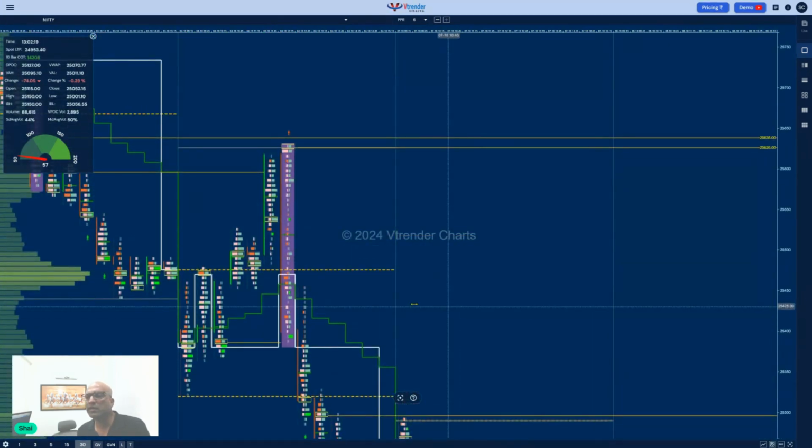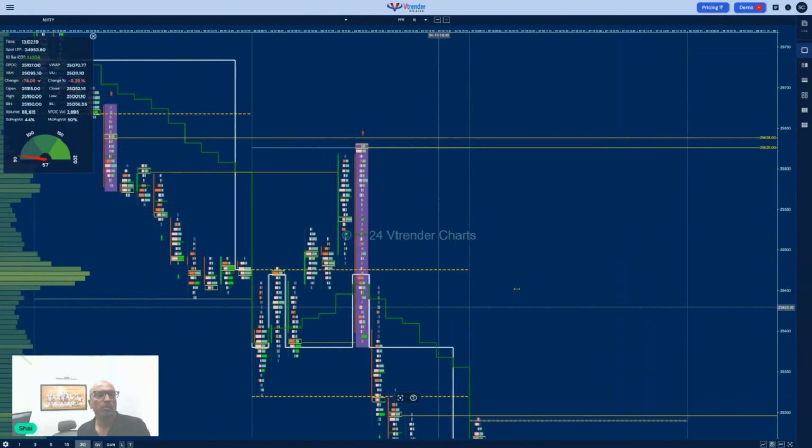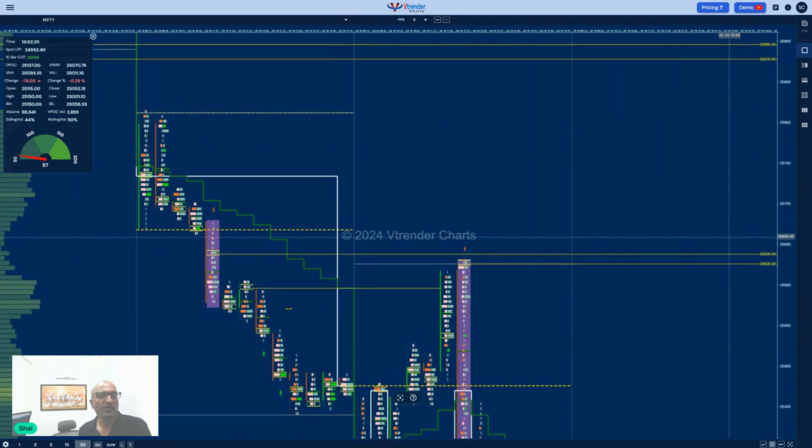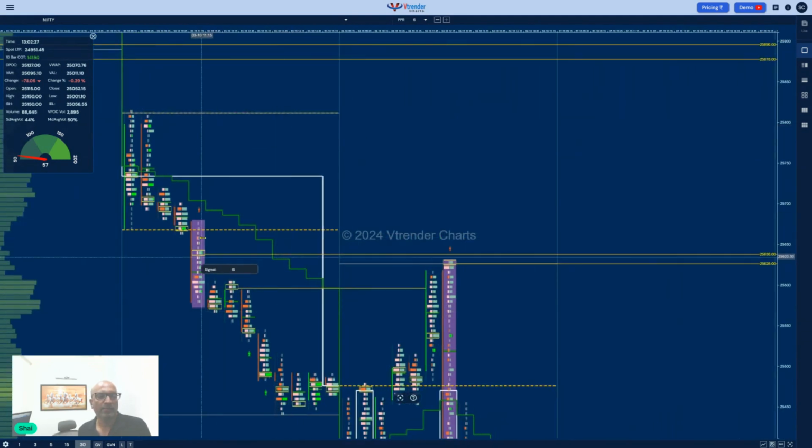So this is that big selling which came in earlier last week, and you would see that this is a red bar over here. A red bar is an initiative selling candle. And what is an initiative selling candle? An initiative selling candle is simply a bunch of market orders coming in and entering the market at any single point.